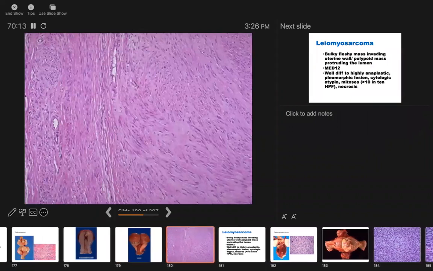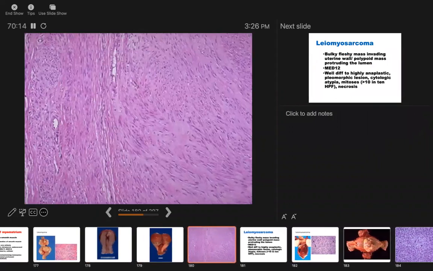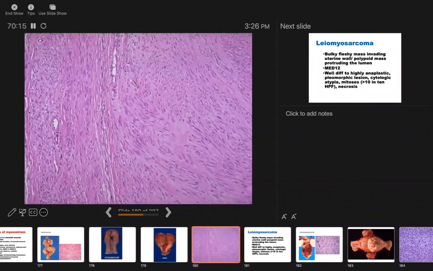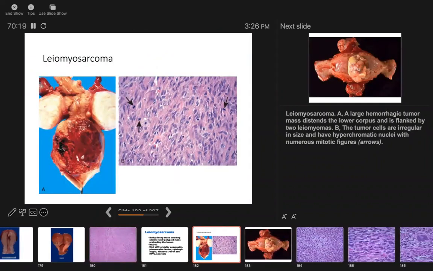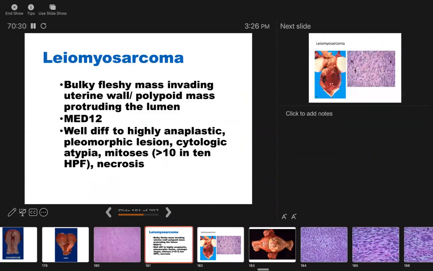Look at the slides here. Basically, the cells are larger. They have prominent nucleoli, coarse chromatin pattern. You have mitotic figures. Take note of the cutoff, 10 per 10. More than 10 in 10 high power fields, and you see evidence of necrosis that tells you that the tumor is leiomyosarcoma.